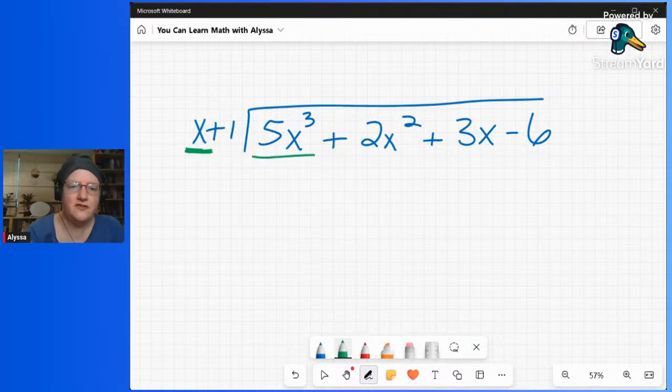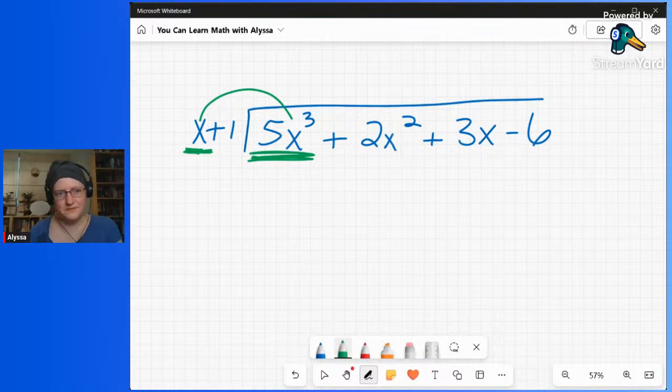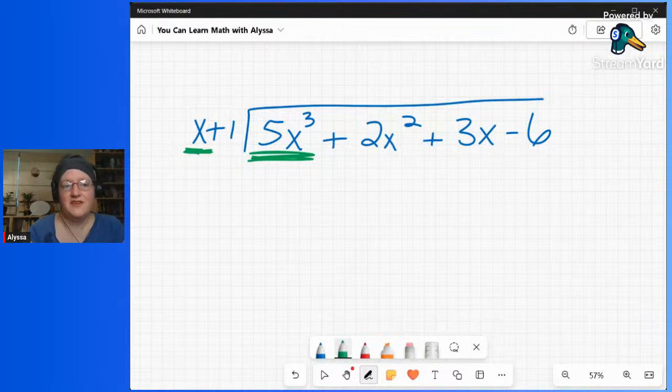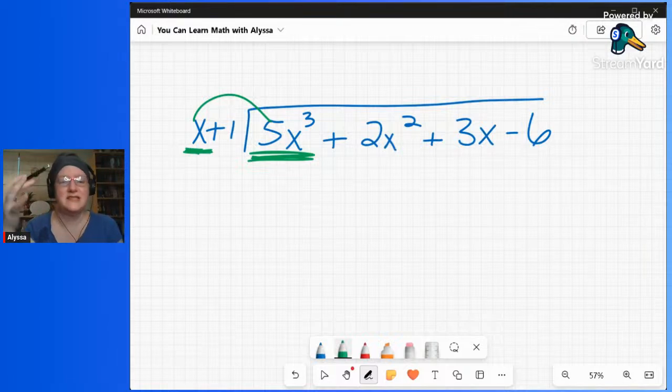You look at the first term that's here, and you say x times what equals this term, whatever it is. So here it's x times 5x squared equals 5x cubed. That's what you're asking in your head. What x times what equals 5x cubed?